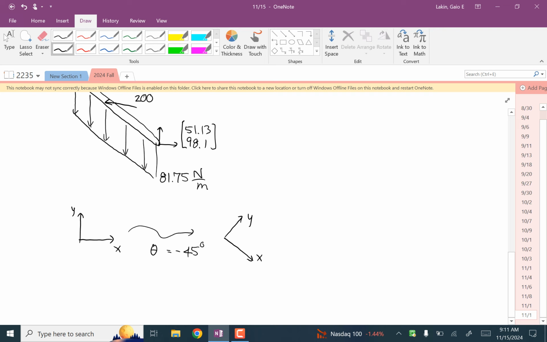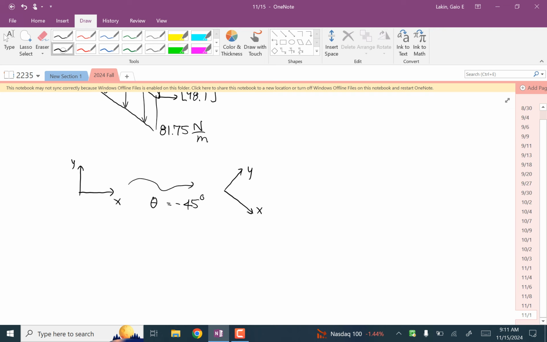You could also go positive 315. And so our rotation matrix is cosine of negative 45, sine of negative 45, negative sine of negative 45, cosine of negative 45.